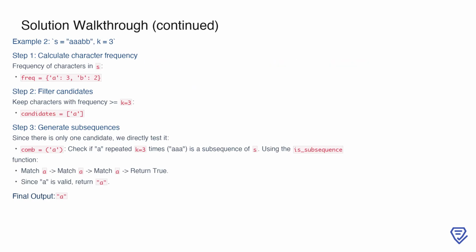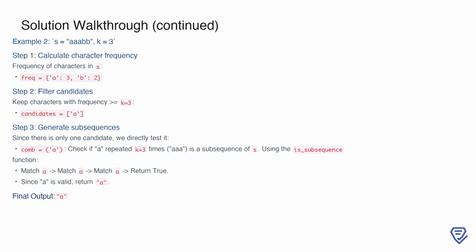In the next example, we have s equals aaabb and k equals 3. The first step is to calculate the frequency of each character. Here, a appears 3 times, and b appears twice, leading to the frequency dictionary a 3, b 2. After filtering for characters that appear at least k equals 3 times, we see that only a qualifies, so our candidates are a.